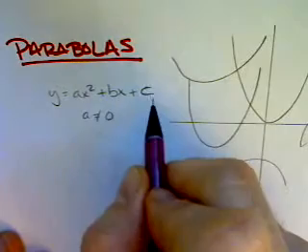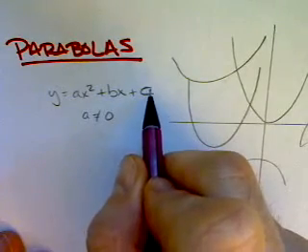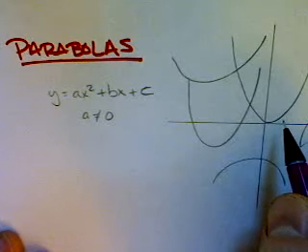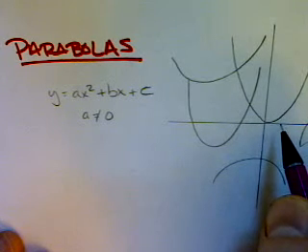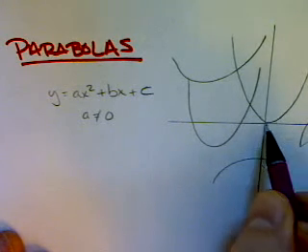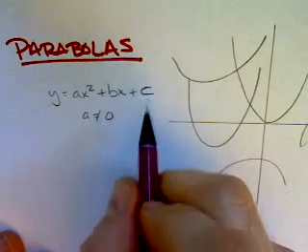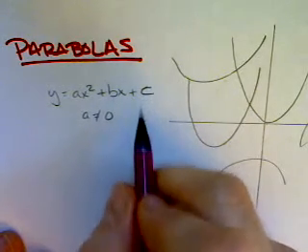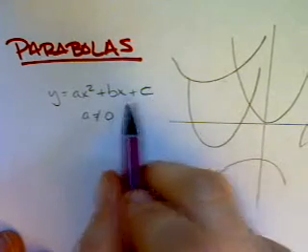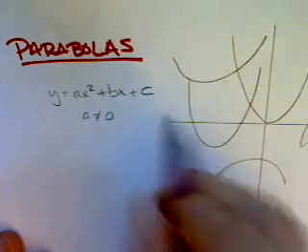C will tell you where it crosses the y-axis, when x is equal to 0. But in all seriousness, this doesn't tell you too much at all, so don't worry about it much. A, in some sense, is a really important one.